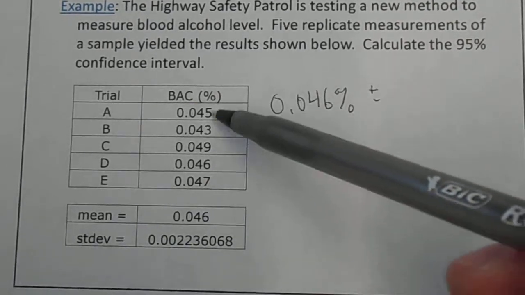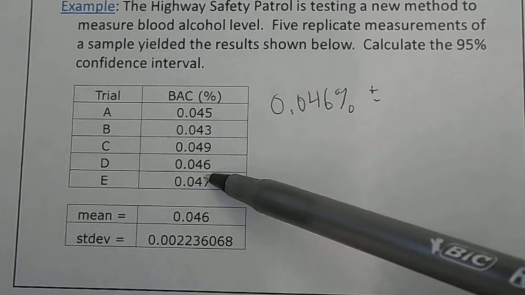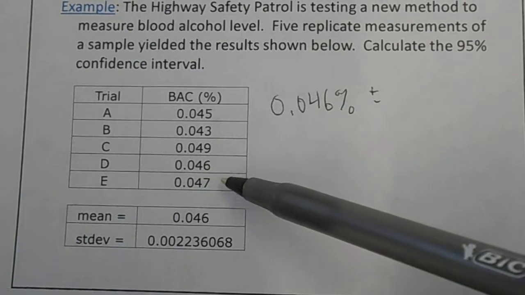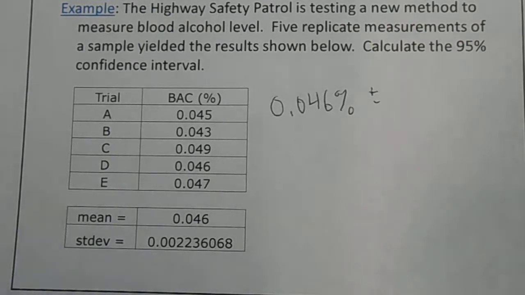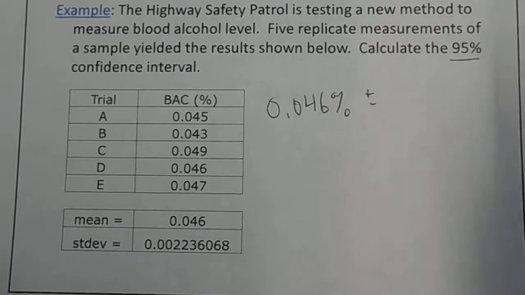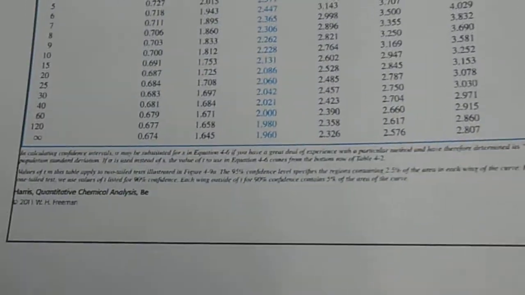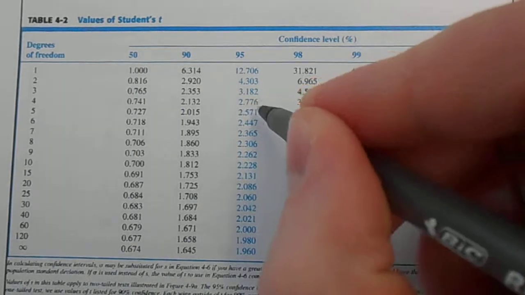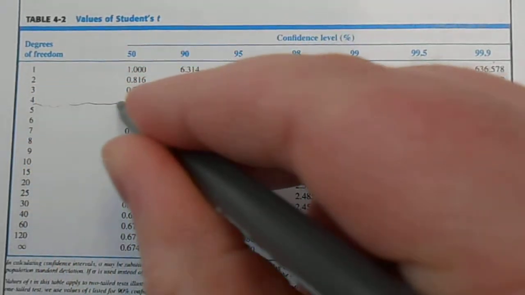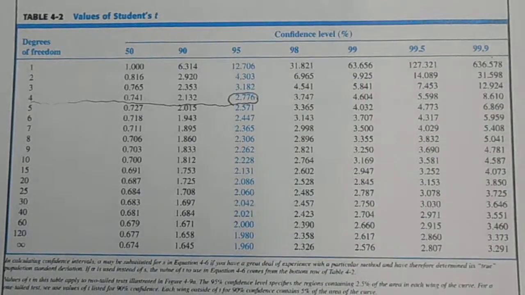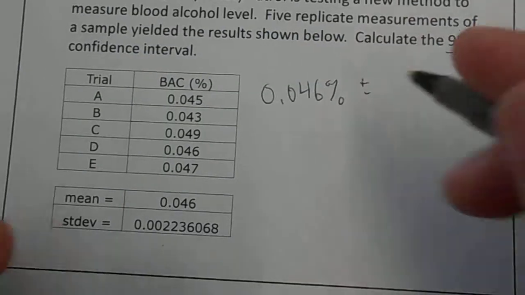We have 5 total samples, so the degrees of freedom, n minus 1, 5 minus 1, gives us 4. We want to calculate the 95% confidence, so we can look at our column here and find our 95% confidence level at which our degrees of freedom is 4. So our t value would be 2.776.